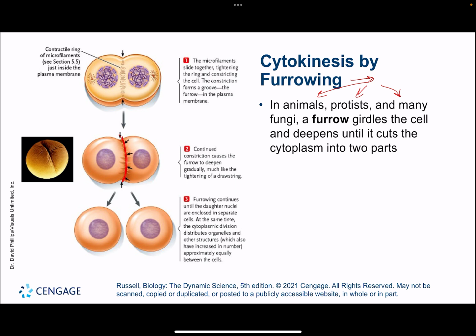Okay, sorry. So this is the contractile ring and this is the cleavage furrow. Again, the contractile ring will continue to contract until it forms a cleavage furrow. This furrow will deepen, effectively separating the two daughter cells.